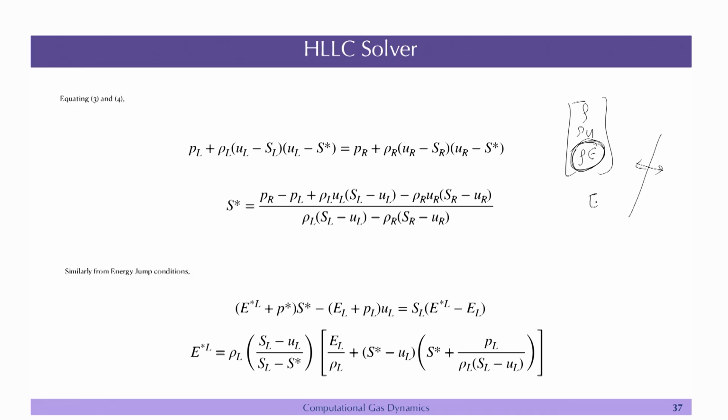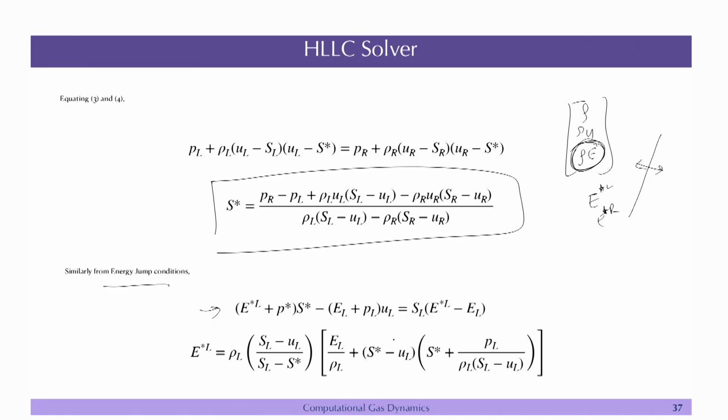That means, we are looking for something called E star L and E star R. Okay. So, first let us derive this E star L. Like we did from mass and momentum, we got this S star. In this case, we will consider the energy and the mass conservation, and from that you will get this E star L. Okay.